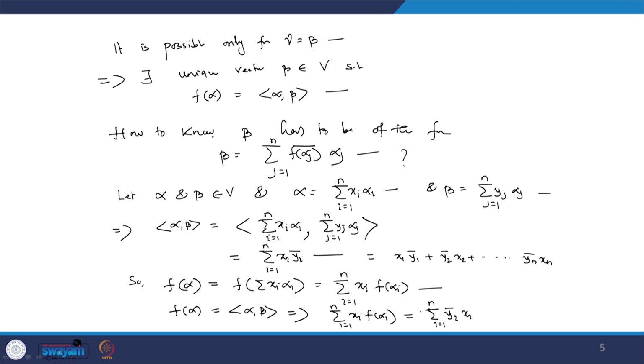So, comparing the coefficient of xi, we will have f of alpha j equal to yj bar, or yj equal to f of alpha j bar.